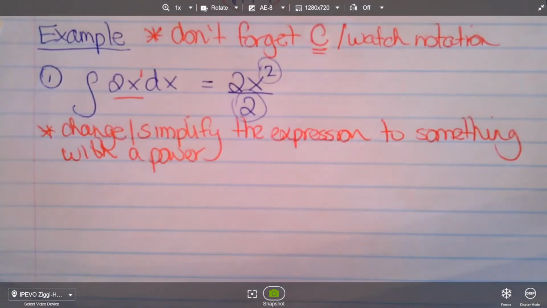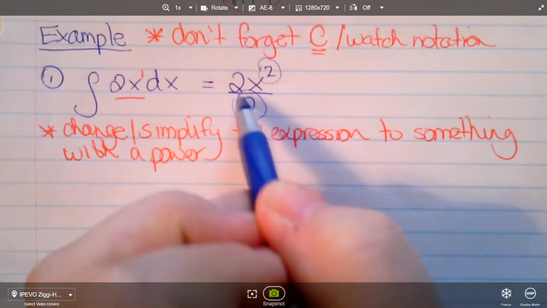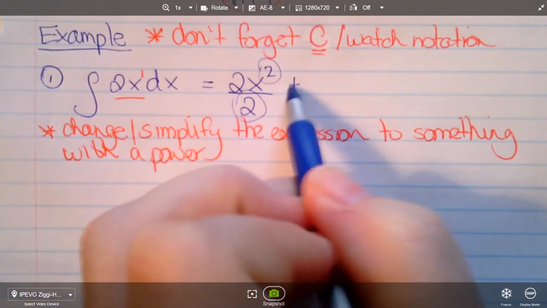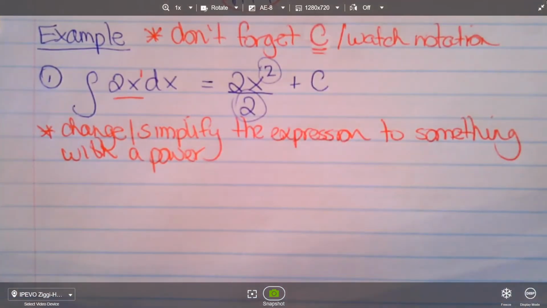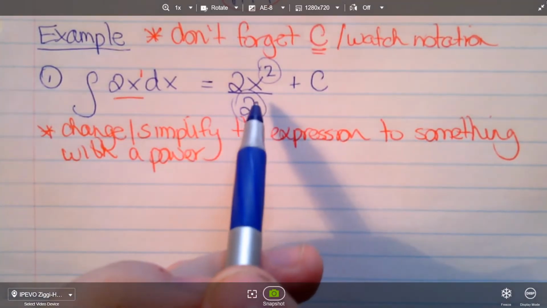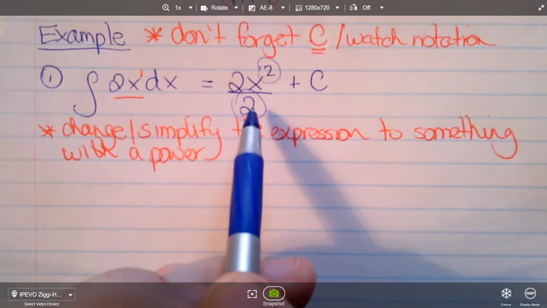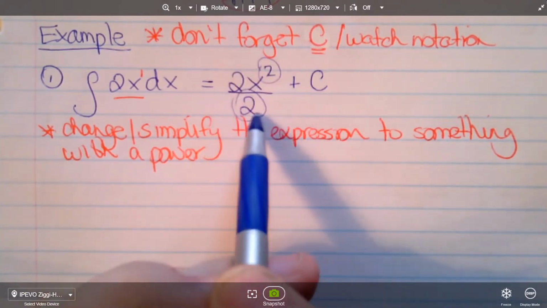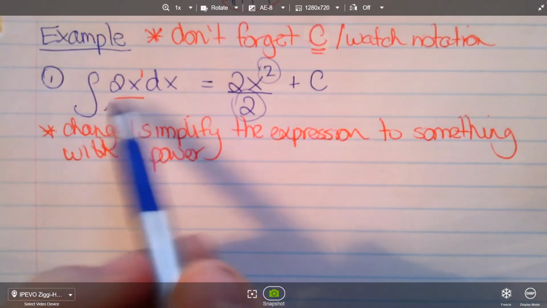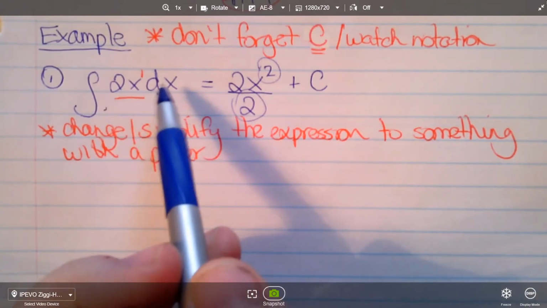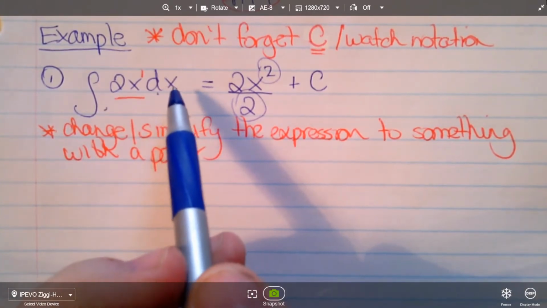All right, so that is my integral, plus, very important, don't forget, c. Now here's where I actually performed the integral. I added 1 and I divided by n plus 1. This is where I've performed the integral, which is why you now see the integral notation has been removed, because I performed the operation of integration.